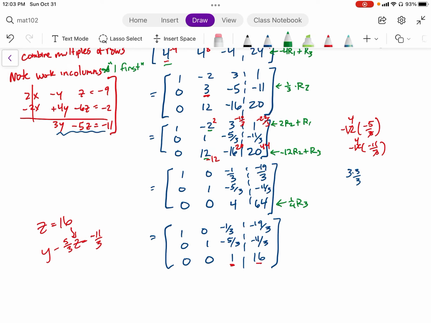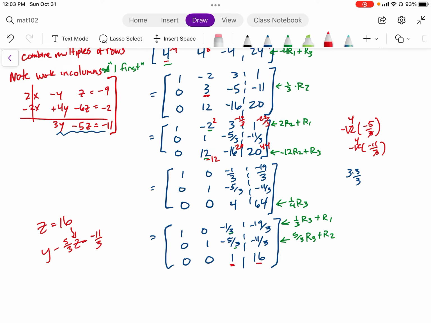All right, I need to multiply row 3 by 5/3 and add to row 2 to get this to be 0. I need to multiply row 3 by 1/3 and add to row 1 to get that to be 0.